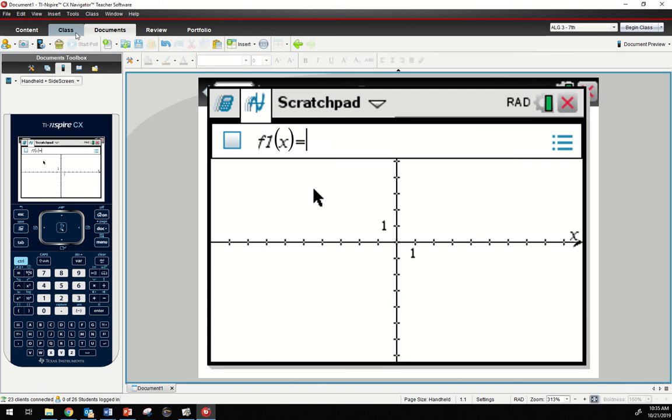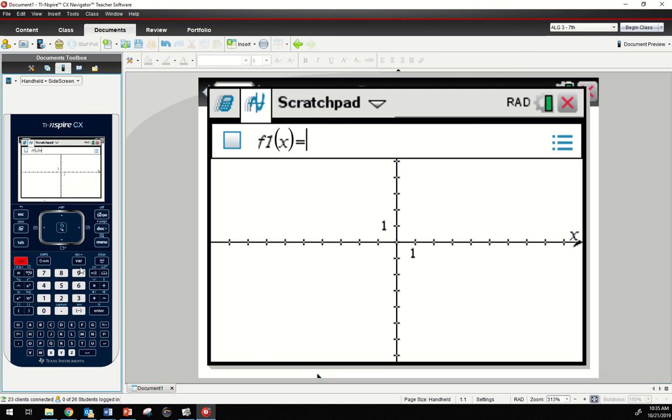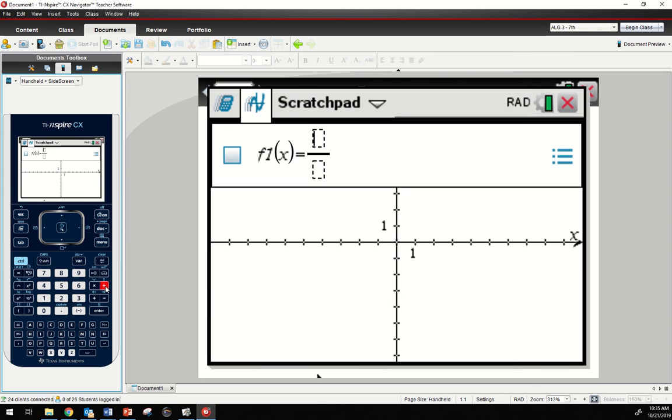So right here, I'm going to set up my problem. Let's go control, divide, there we go, 1/2 x, right? And plus 4.